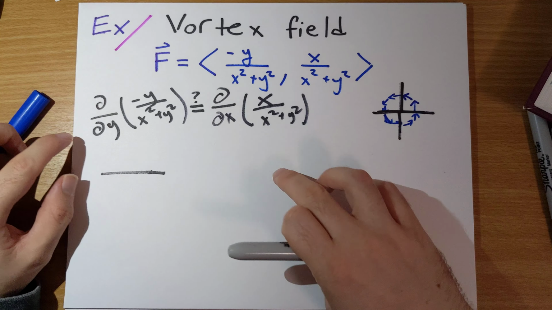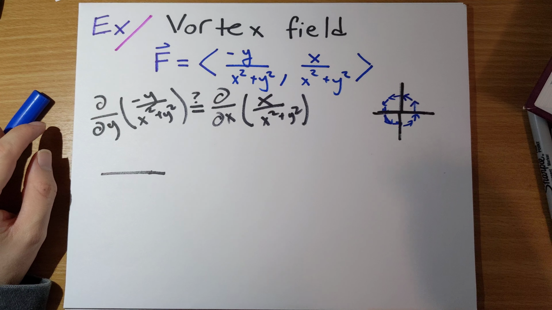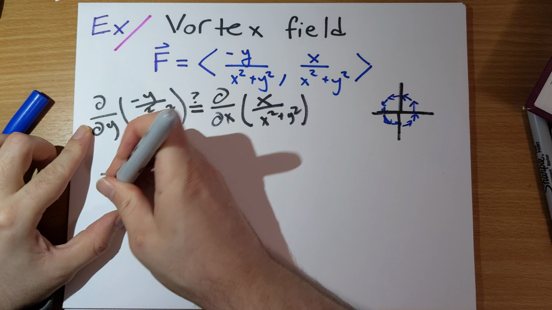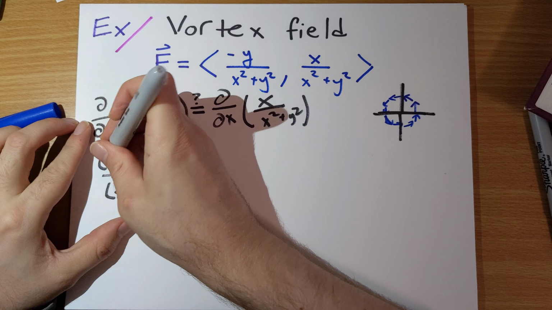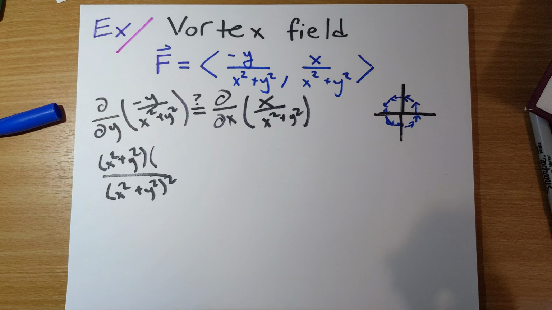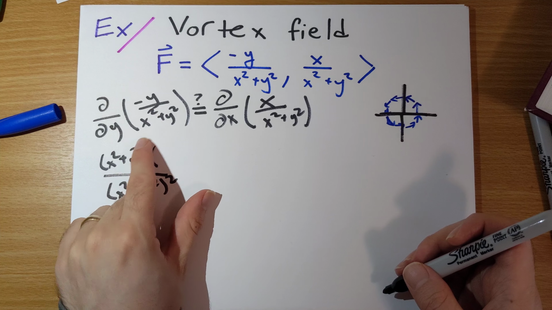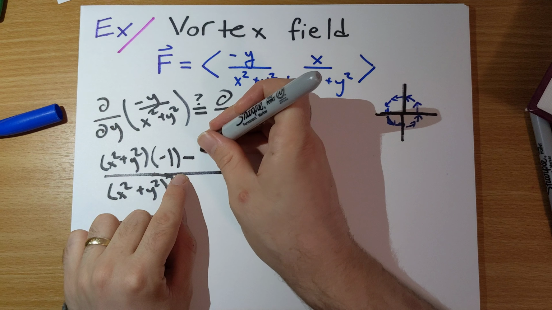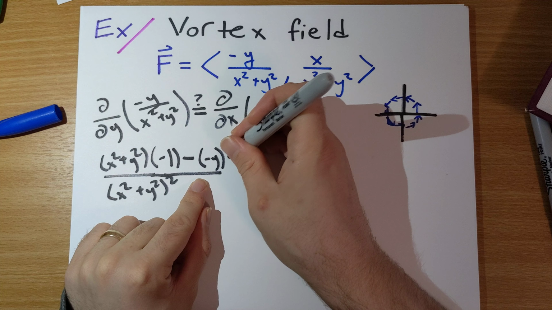The partial derivative of this with respect to y is going to be, we square the denominator, x squared plus y squared quantity squared, and it's x squared plus y squared times the derivative of this with respect to y, which is -1, minus y times the derivative of this with respect to y, which is 2y.